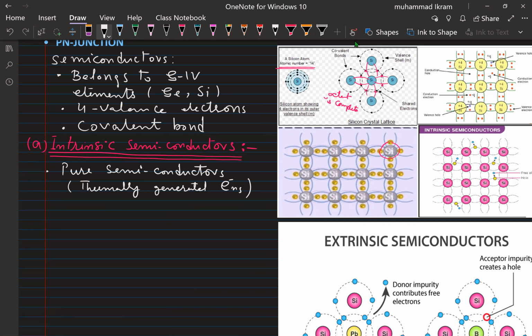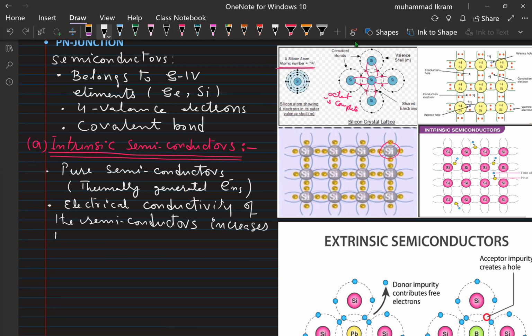Now what does this mean? It means that the electrical conductivity of the intrinsic semiconductor increases with an increase in temperature.